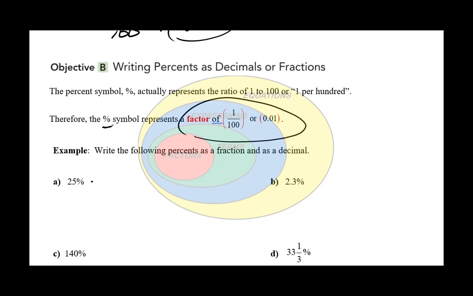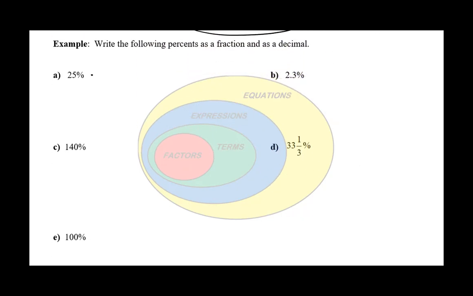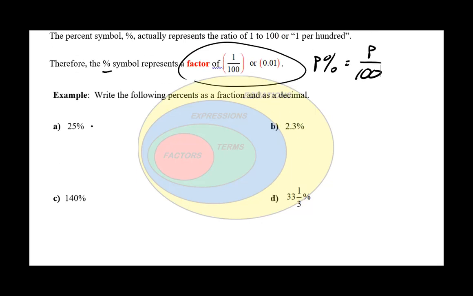So we can just use the definition, again, that if we have P percent, that's the same as P over 100. So if we look at this first example, we want to convert these percents to the actual number.